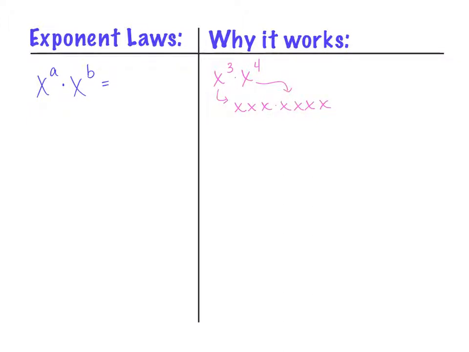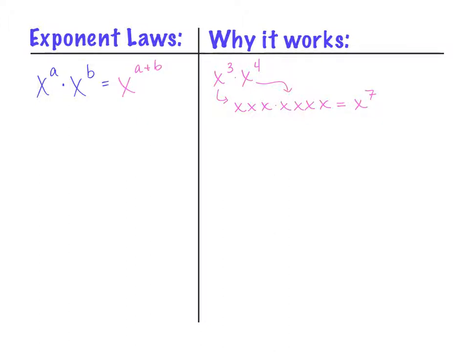Now, all I'm doing with any of this is multiplying, so the total number of times I'm multiplying x by itself is 1, 2, 3, 4, 5, 6, 7. So this comes out to x to the 7th.